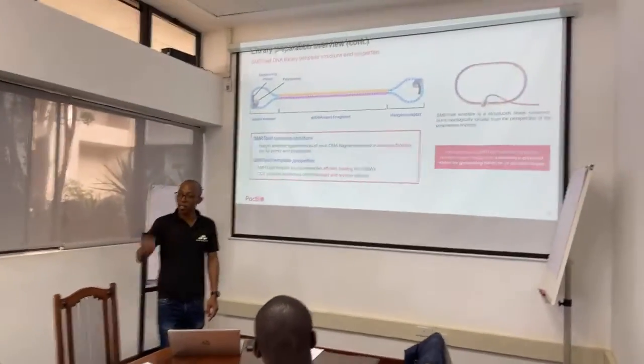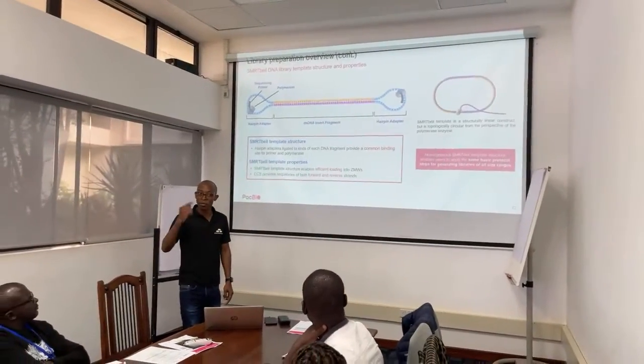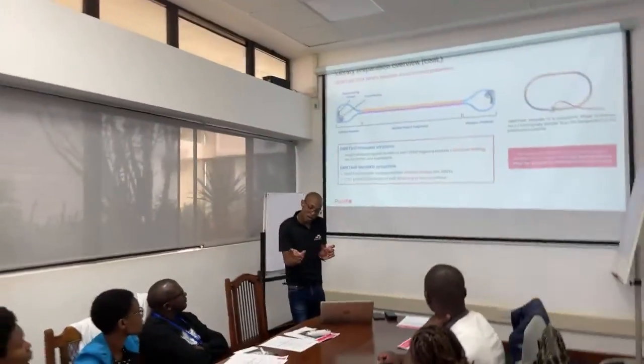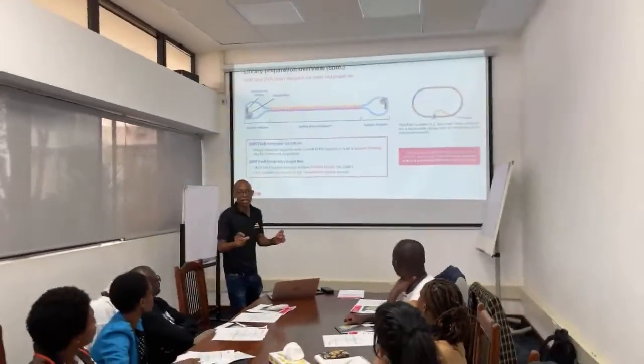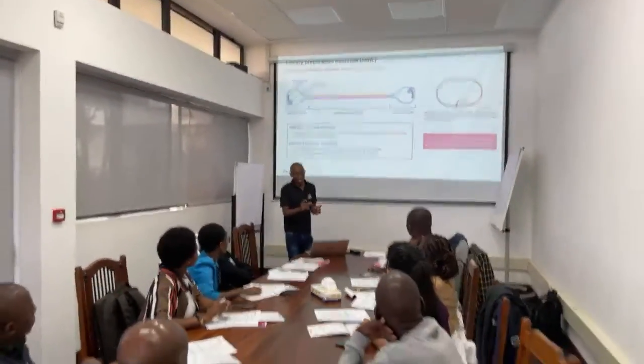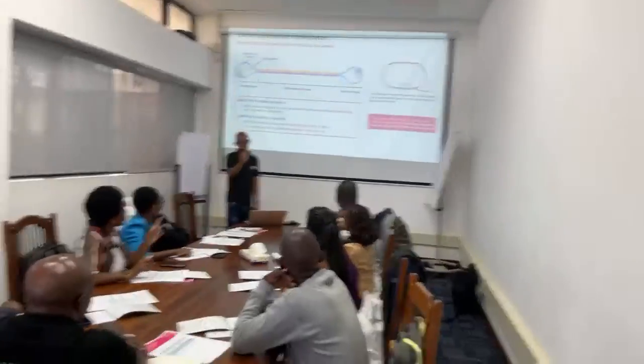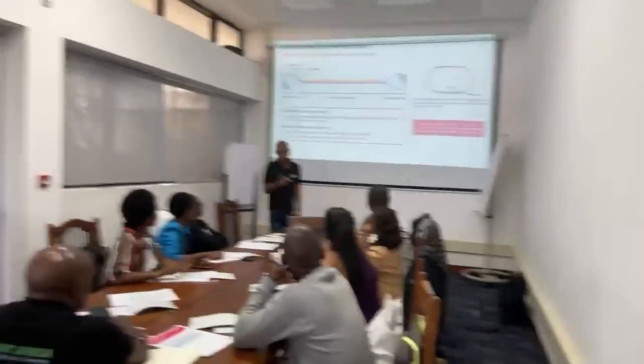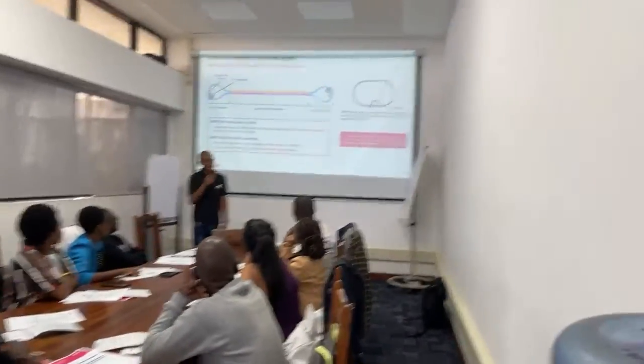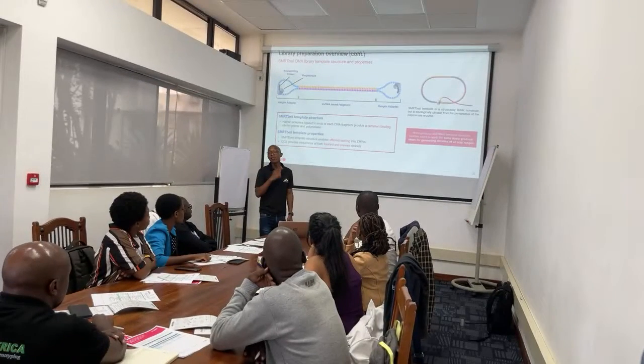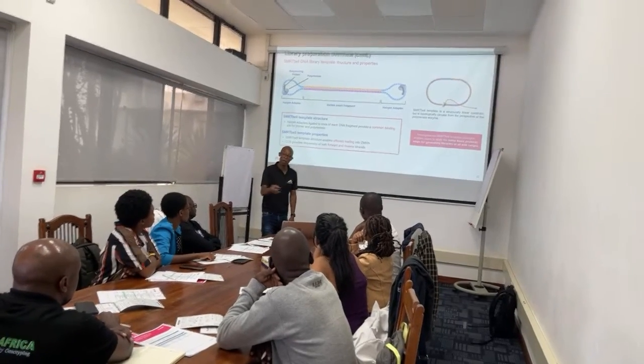So before we run, there's a 2-hour pre-extension step, where we allow the polymerase to go over the molecule until it gets to the strand displacement mode. Then we start collecting data from there. So that's when the polymerase is at its best.